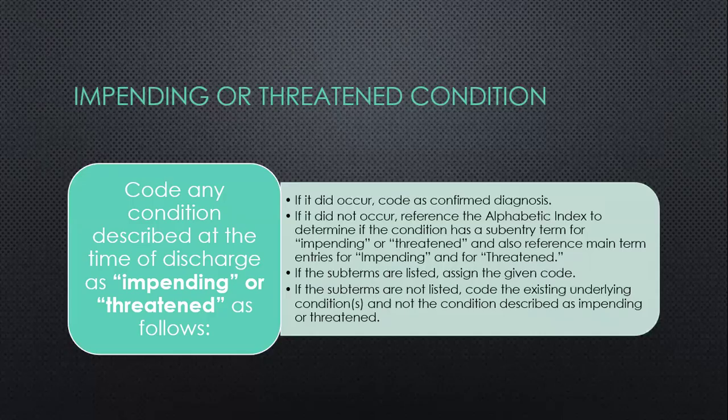If the subterms are listed, then assign the given code. If the subterms are not listed, you're going to code the existing underlying condition and not the condition described as impending or threatened. So that means you only are going to code the confirmed. If your doctor tells you it's impending or threatened, and there is not an appropriate diagnosis for the impending or threatened condition, you only code the confirmed condition the doctor documents.